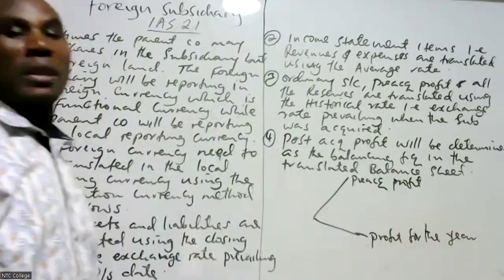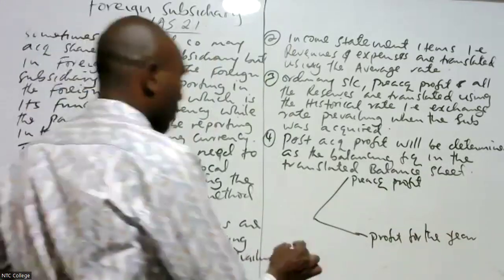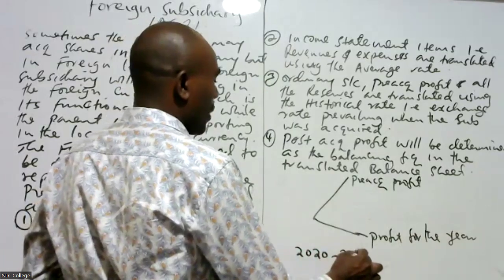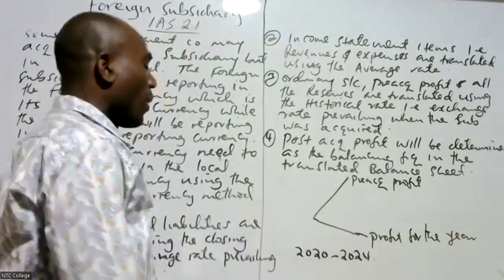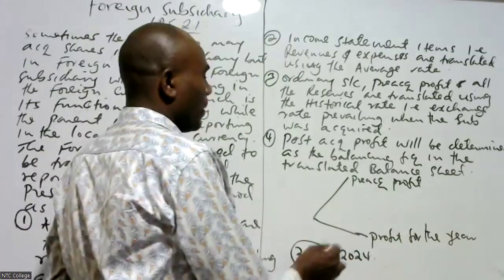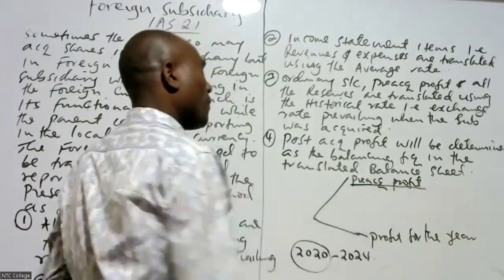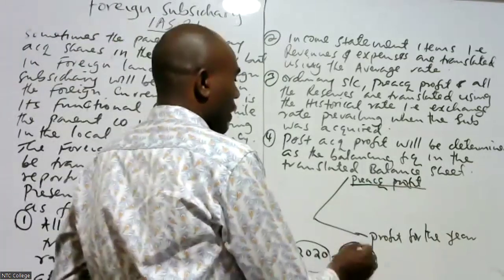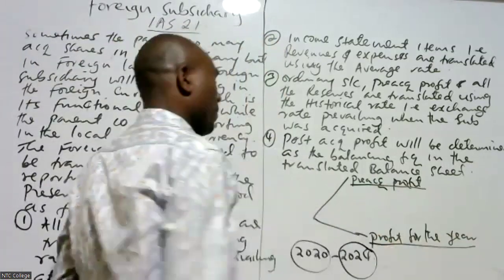Let me assume we acquired this company in 2020. I'm consolidating in 2024. When I acquired this company in 2020, there was pre-acquisition profit. In 2024, there is profit for the year.